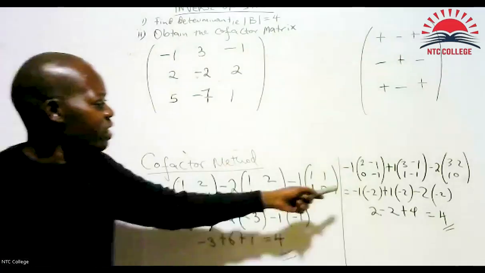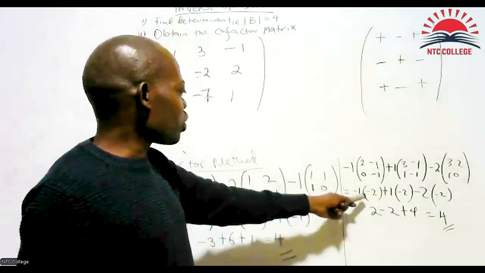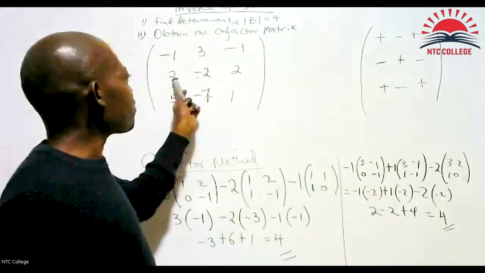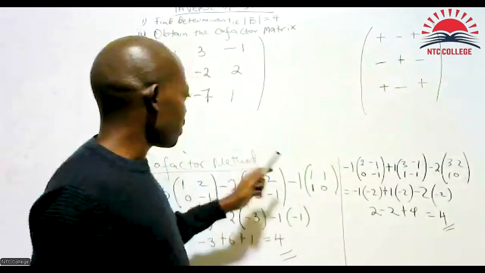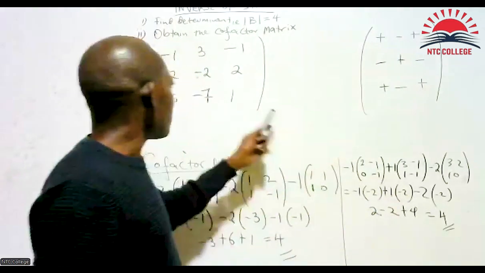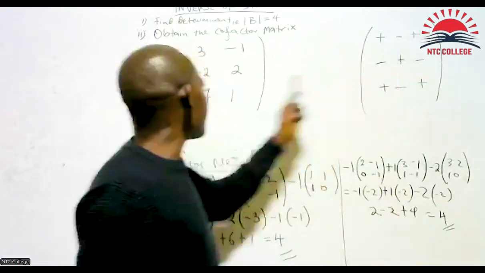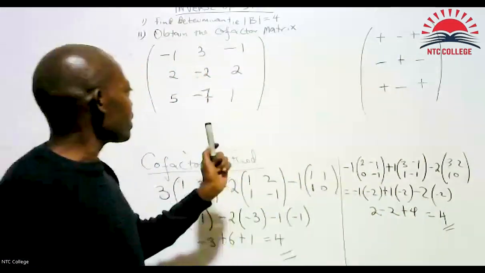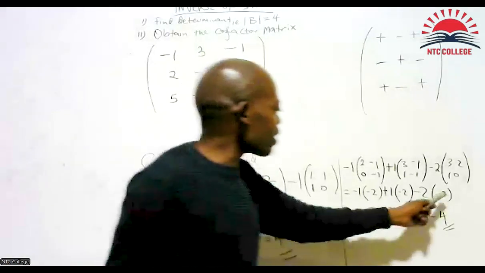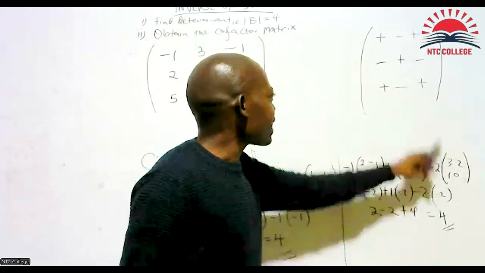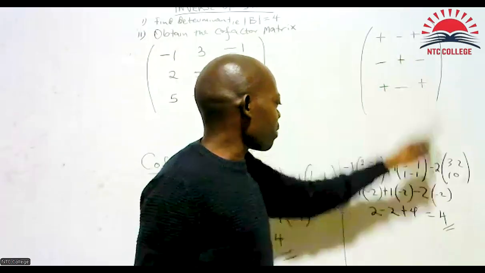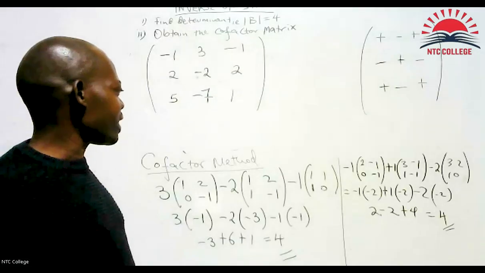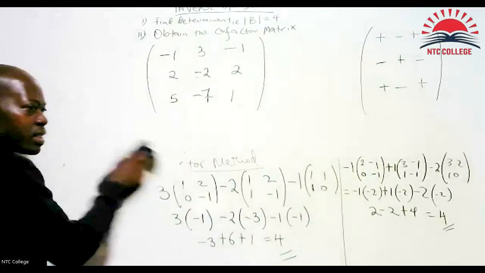The -2 changed to +2 because of this negative. Here it is -2, but if the sign is plus, it remains -2. Finally, here it was -2, but the sign is supposed to be minus, so -2 changed to +2. I cannot overemphasize that.